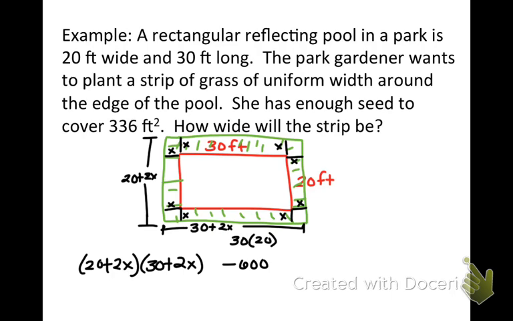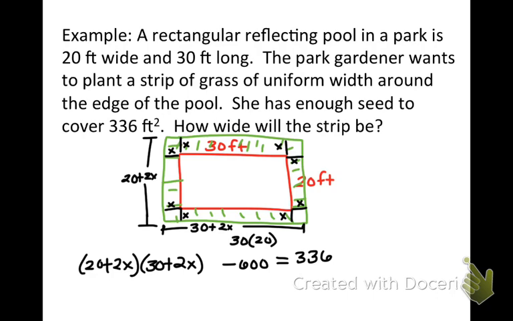So the area of the large rectangle minus the area of the small rectangle, which is the reflecting pool, needs to equal 336. So let's do some multiplication here.